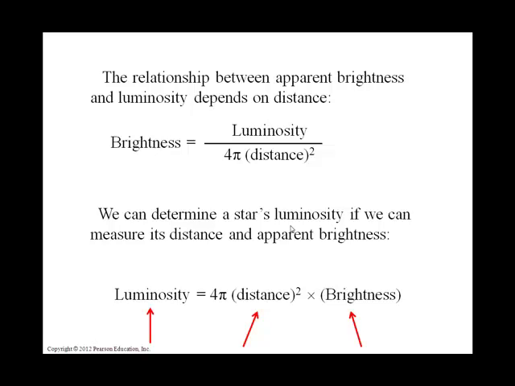Its luminosity is going to be a key player in understanding the general size of the star, how it's living its life, and what stage it's in. So distance is an important characteristic of a star, and so is luminosity. And remember, brightness is what we see here on Earth.